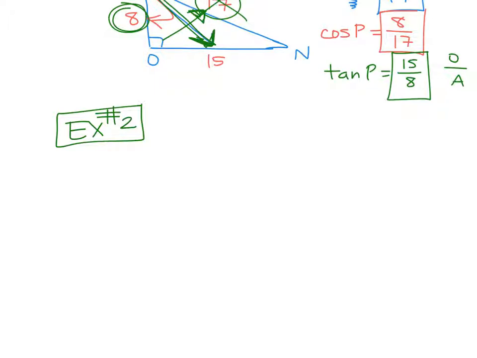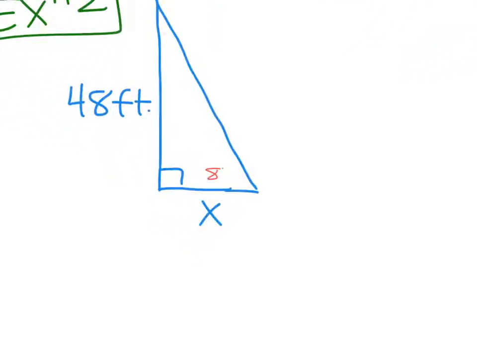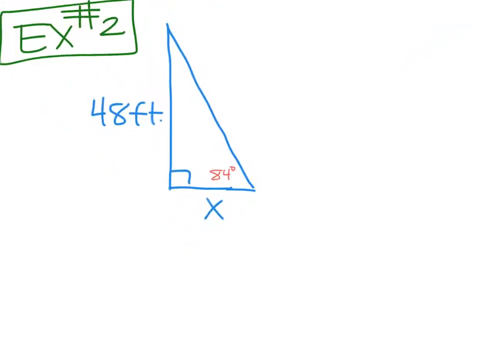You are going to get a triangle that is not really going to be drawn to scale, but you can use your imagination. This side is 48 feet. This side is X. And we are told that this angle here is 84 degrees.